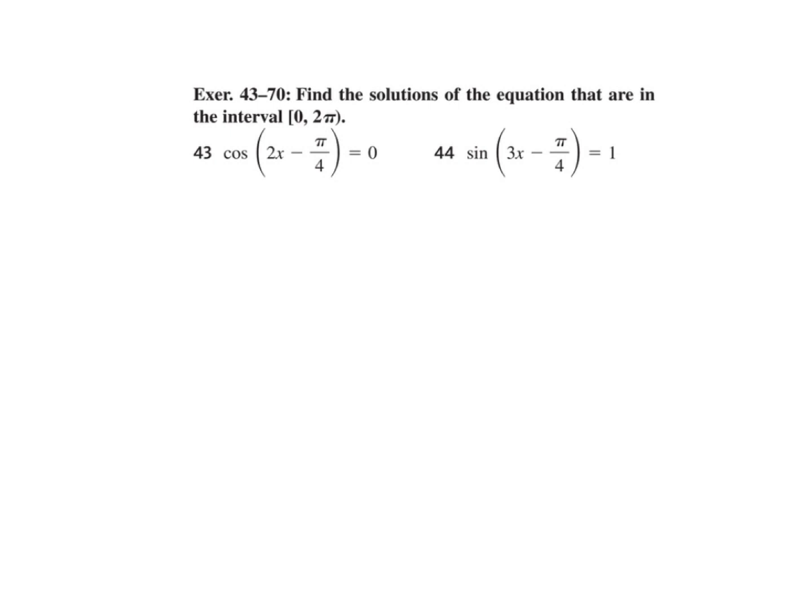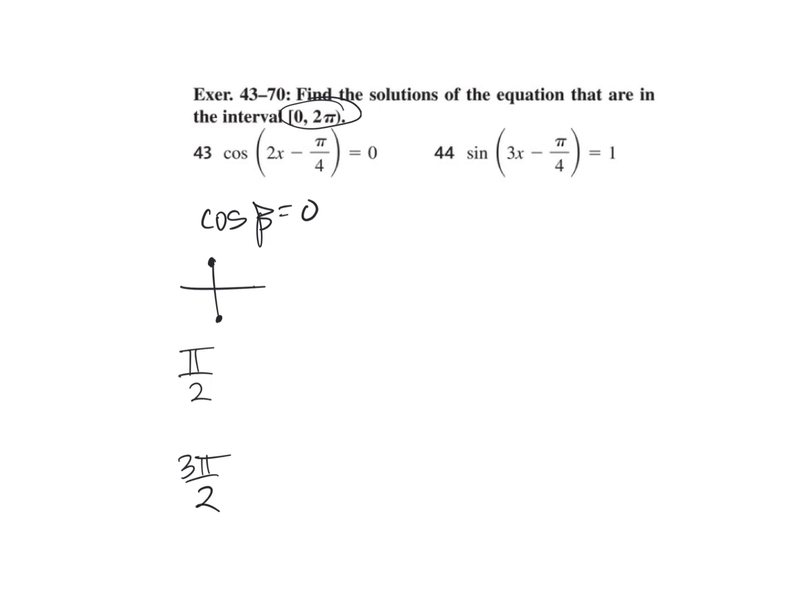Okay, find the solutions of the equation that are in the interval from 0 to 2 pi. So we're only wanting those values. So where's the cosine of beta equal to 0? Cosine is 0 at pi over 2 and 3 pi over 2. So here we want pi over 2 and 3 pi over 2.